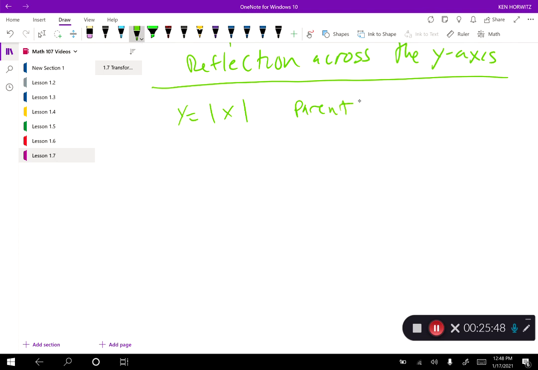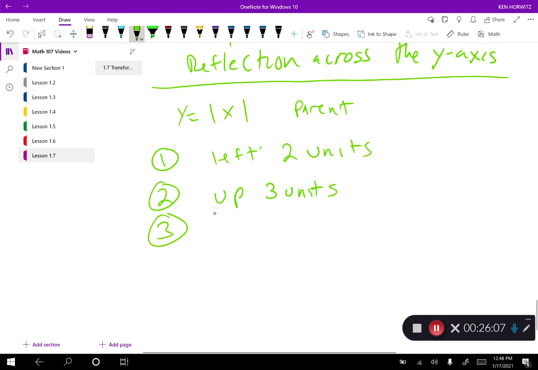All right. So the first transformation is left 2 units. Second transformation is up 3 units. And the third transformation is reflect about the y-axis.